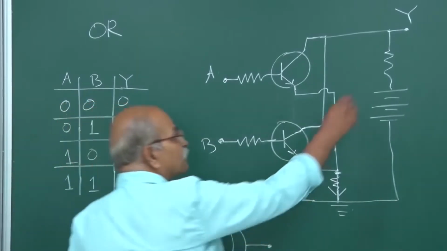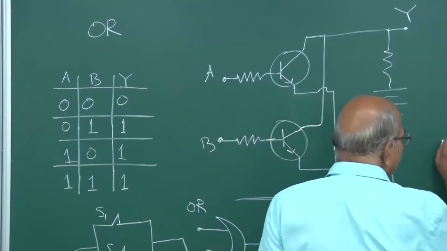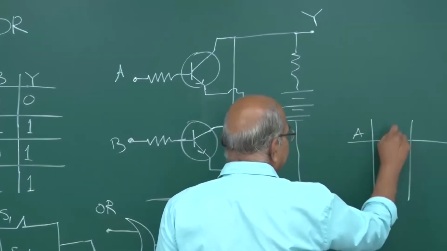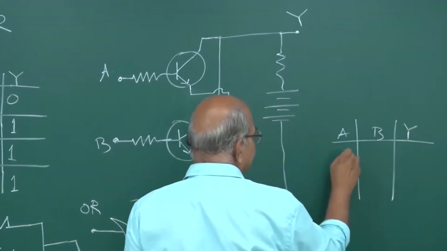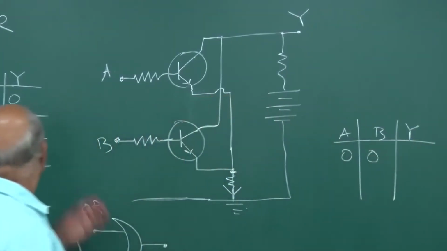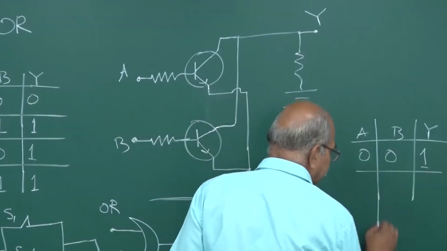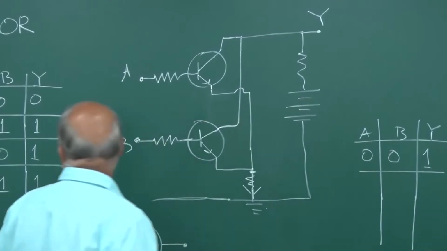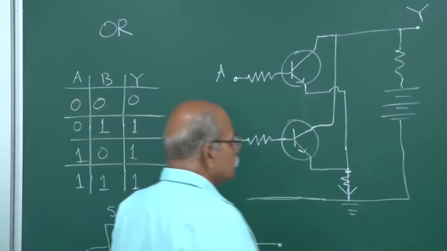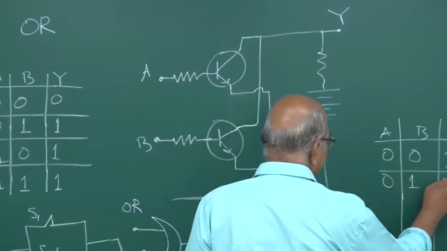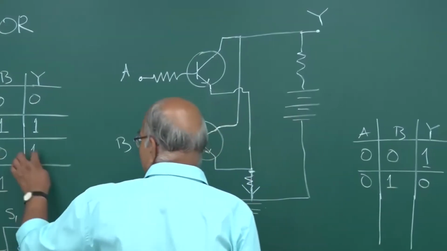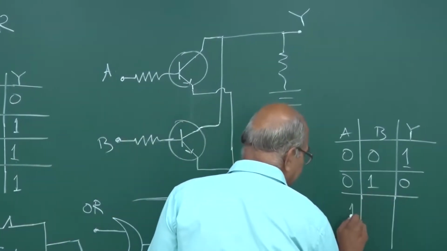If I take the output from here, then the truth table will be A B Y. Here 0 0 was 0, here 0 0 will be 1. Then here 0 1 was 1, so here 0 1 will be 0. 1 0 was 1, so 1 0 will be 0.